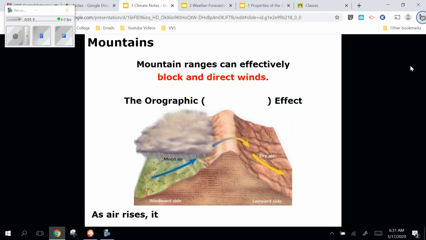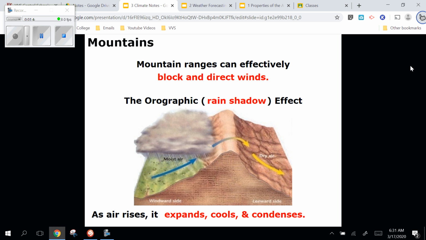Mountains. When you have a mountain range, wind blowing across the ground has to go up when it runs into a mountain. There's nowhere else it can go. And then that brings into play that RECC, R-E-C-C. So rising air expands, it cools, and then the water vapor that's in there condenses. We call that the orographic or the rain shadow effect.